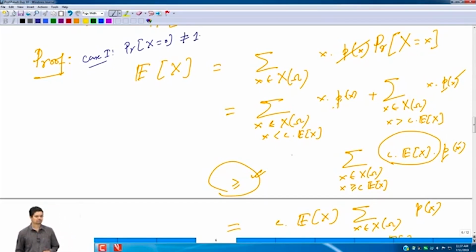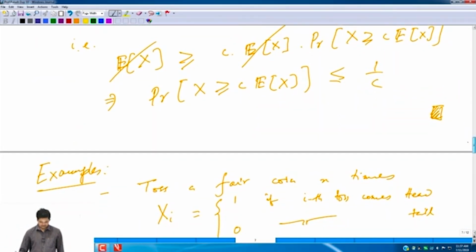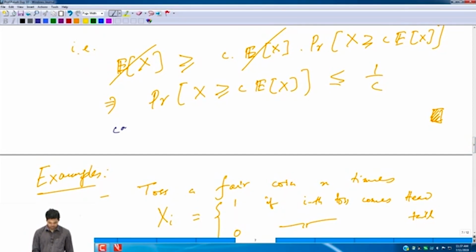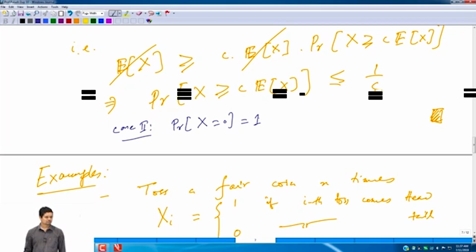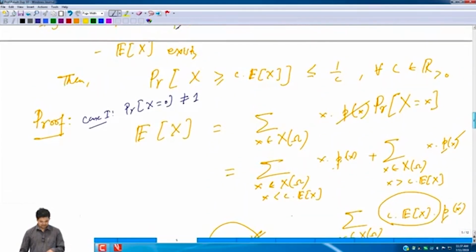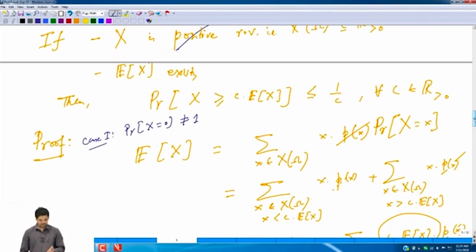So it takes care of almost everything, and it leaves a tiny case, case 2: probability that x equal to 0 is 1. But if probability of x equal to 0 is 1, then obviously it satisfies this inequality. The probability that x is greater than or equal to something greater than 0 is actually 0.